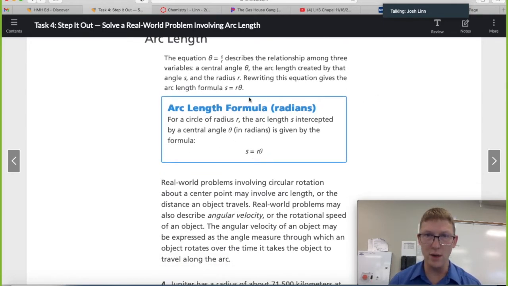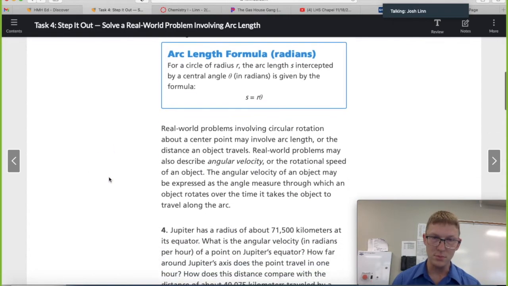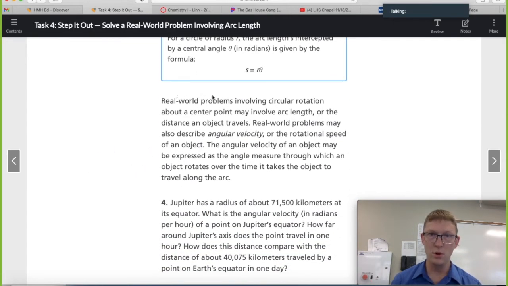We can rearrange that to give us an arc length formula. Real-world problems involving circular rotation about a center point may involve arc length. We would call that angular velocity, and we can use that to figure out how fast round objects are moving at the surface. So think, I don't know, planets.